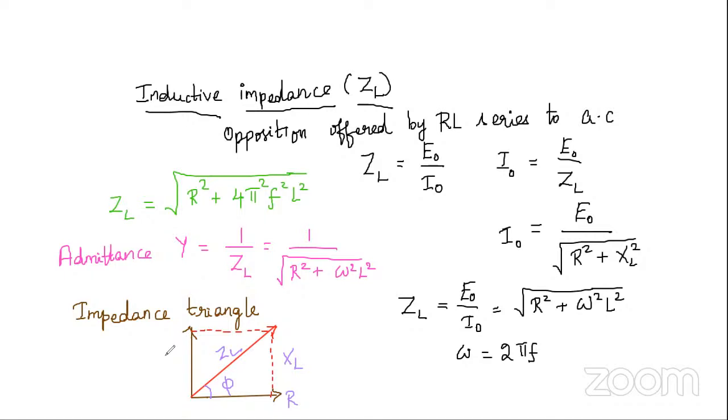Can anyone tell me what is the value of resistance offered by a capacitor to DC? We have discussed a few minutes ago, right? I am asking question from that concept only. The concept which we have discussed a few minutes ago. What is the value of resistance offered by a capacitor to DC?